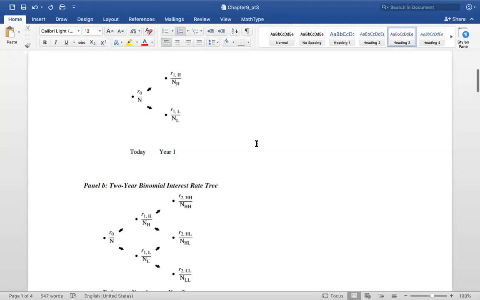Now in panel B, as I already explained, there are two nodes at year 1, depending on whether the higher or the lower interest rate is realized, and then in turn we go in the respective direction in terms of the interest rates. We can extend this tree up to 4 years, which is the horizon we are looking at.